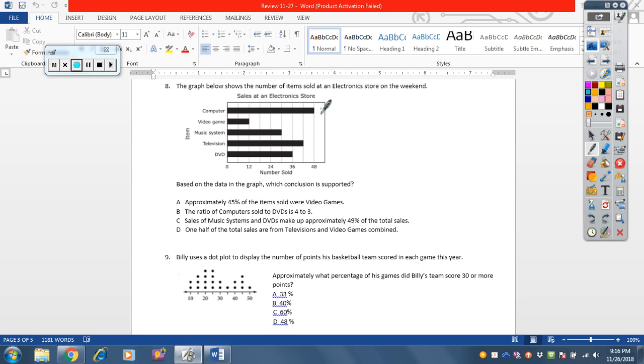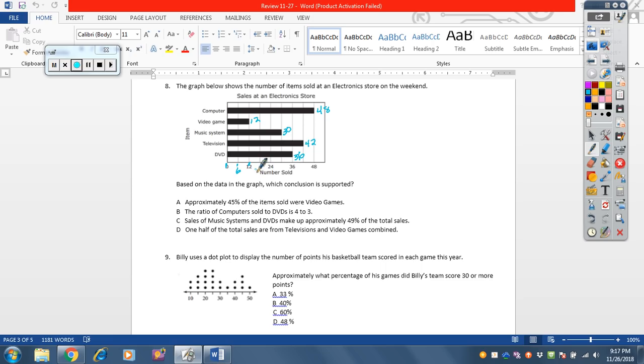Take a second with 8, write all the numbers out to the side of the bars. If you're confused, you're going from 0 to 12 with something in between. What's half of 12? So that would be 6.